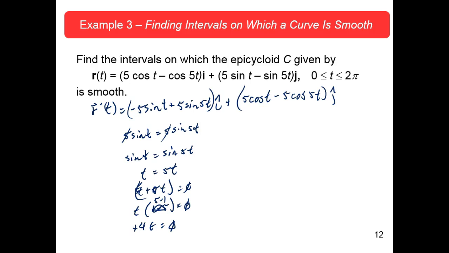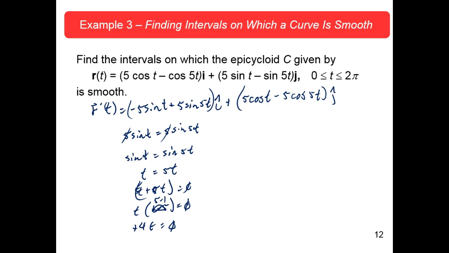Equal to 0. Okay? Now, obviously where t is equal to 0, but also where, let's put it this way, 5t is equal to some 2 pi multiple of t, right?